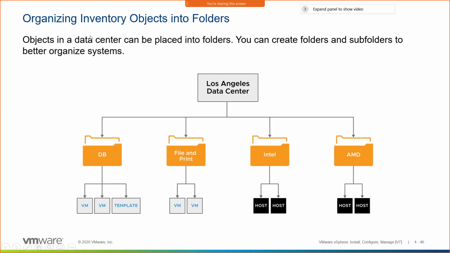And organizing inventory objects into folders. Objects in a data center can be placed into folders as well. So you can create folders and subfolders to better organize. So yes, a data center has all the features, but folders can be created. Suppose there are 2 branches in North America, US and Canada, right?